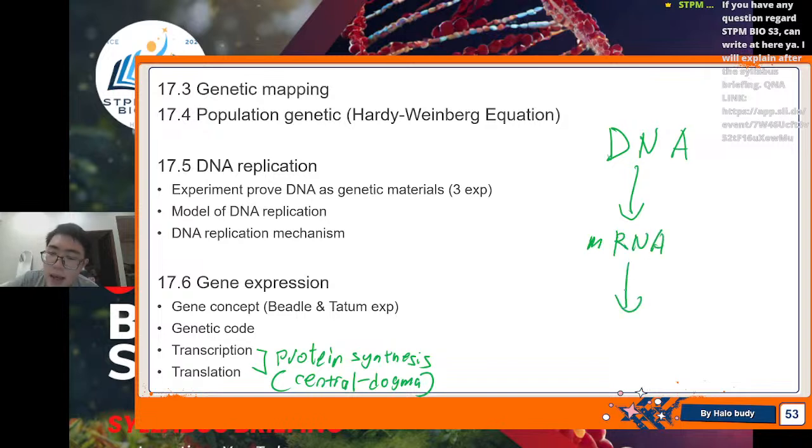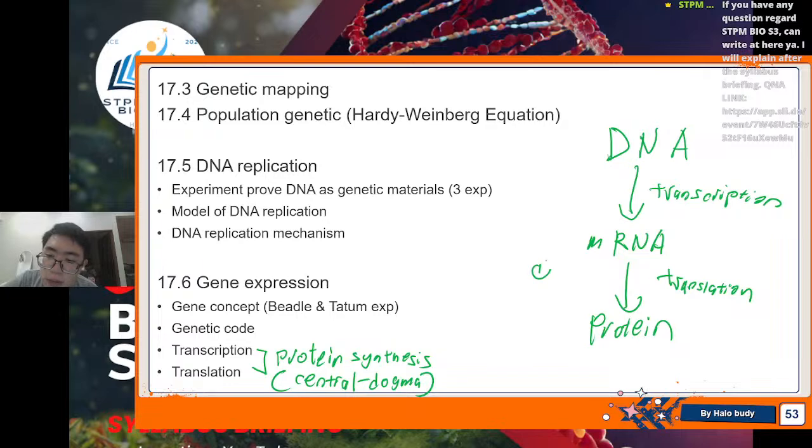And then mRNA dia akan dibaca, dibaca akan menghasilkan amino acid, which is protein lah. So DNA pergi mRNA we call transcription. Dia transcript menghasilkan mRNA. And then mRNA dia menghasilkan protein. So this one we call translation.